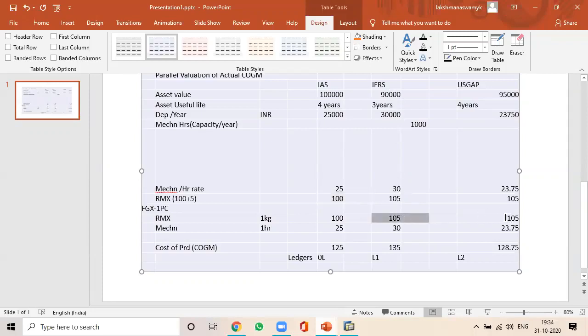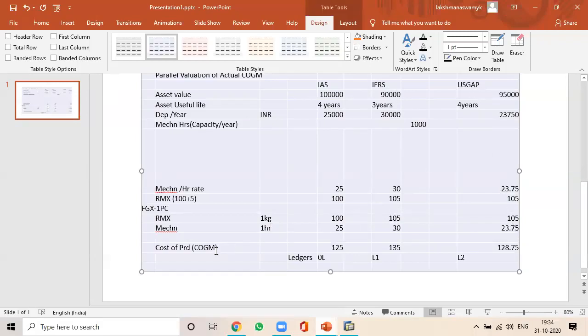What is the cost of raw material per unit according to US GAAP? 105 rupees. Then what is the depreciation? That is machine hour rate or depreciation. According to IAS, 25 rupees per hour. Let us assume you take 1 hour to process this 1 unit of finished goods X in the plant and machinery. So 25 rupees under IAS, 30 rupees under IFRS, and 23.75 under US GAAP.